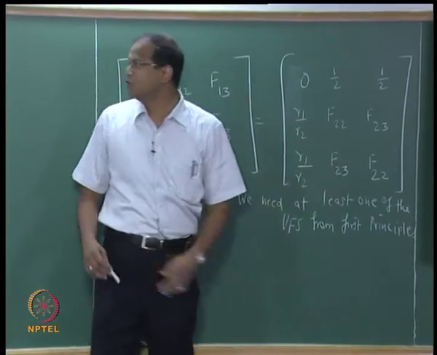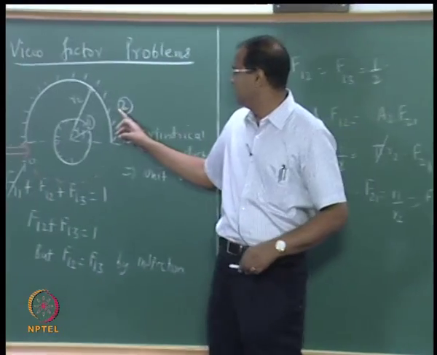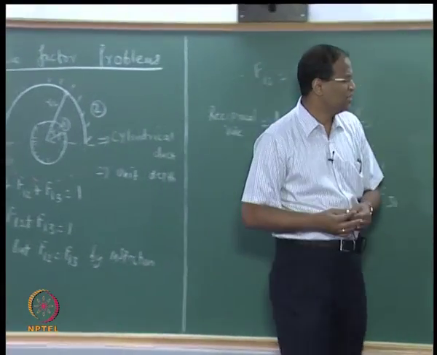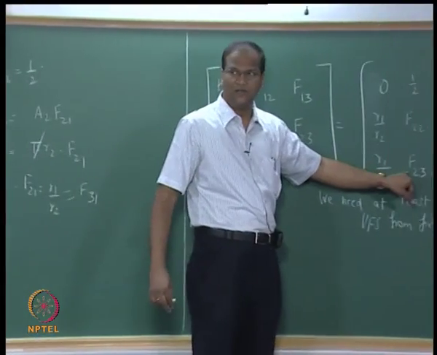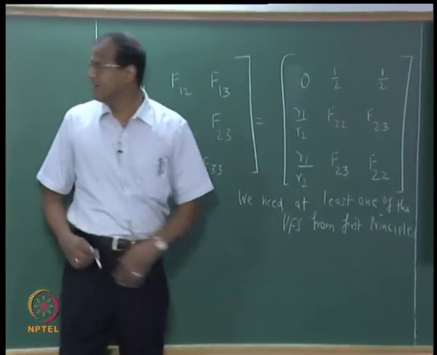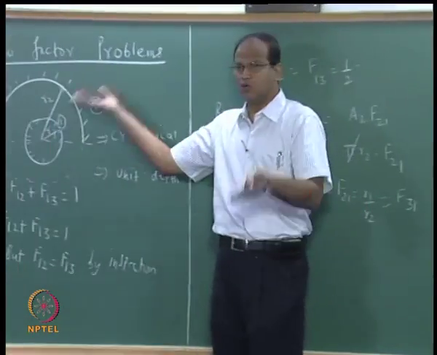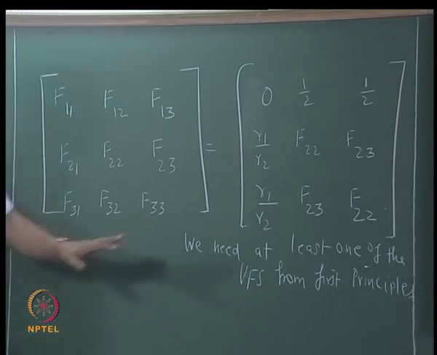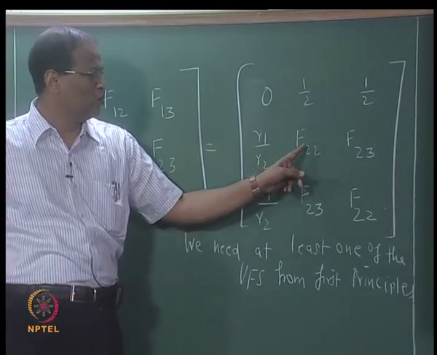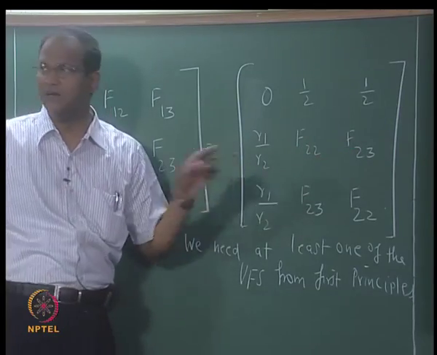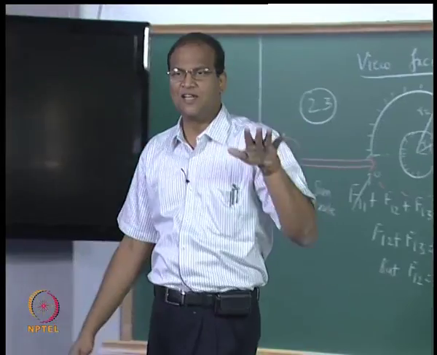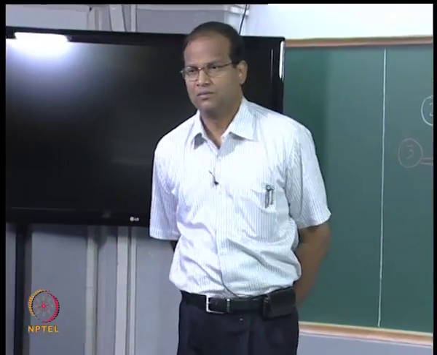Now by symmetry, f2 to 3 is the same as f3 to 2, and f2 to itself is the same as f3 to itself. So there are 2 unknowns, f22 and f23. That is it, we are stuck here, we cannot proceed any further.